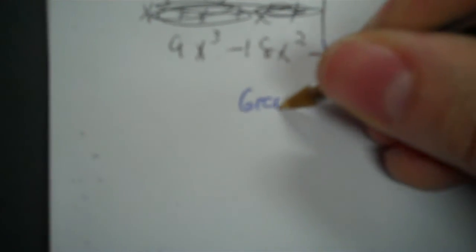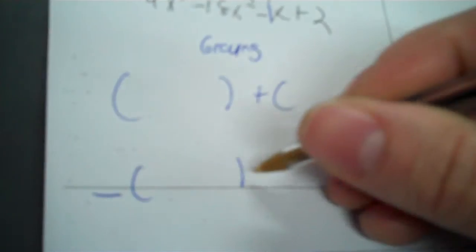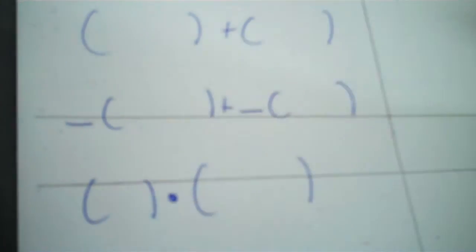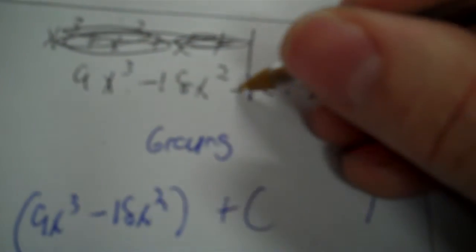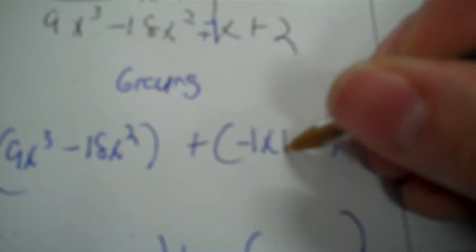Okay, so grouping. We have 9x to the third power minus 18x to the second power, then you're going to have negative 1x plus 2.